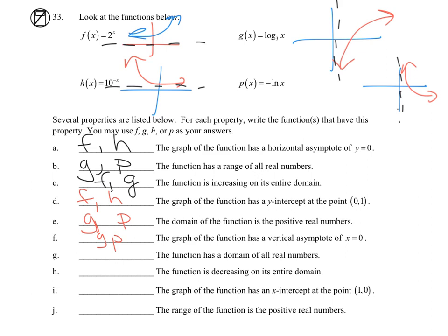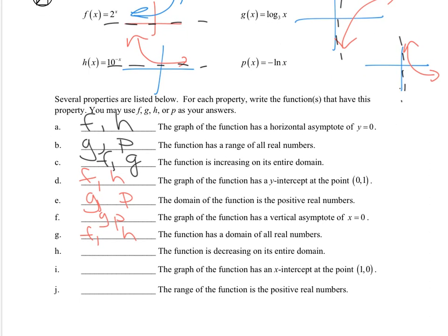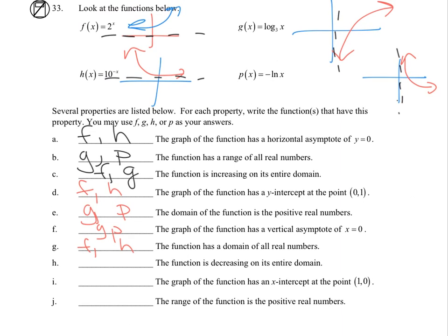The function has a domain of all reals, that's the exponentials. Decreasing would be h and p. Has x-intercepts, those are the log graphs. And the range is positive real numbers, so that is f and h.